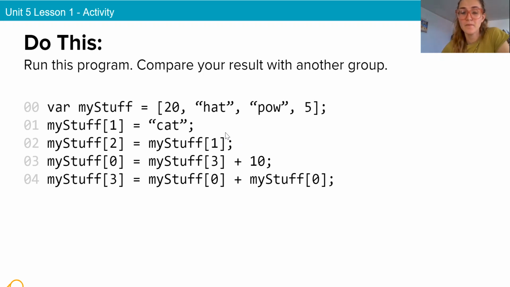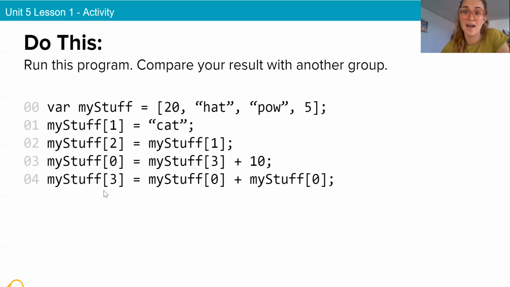Okay? And now myStuff[0]. myStuff[0] becomes myStuff[3] plus 10. Well, myStuff[3] is 5. So 5 plus 10 is 15. So now I'm going to assign the value, the element at index 0 of the myStuff list, to be 15. And then finally, myStuff[3] is equal to myStuff[0] plus myStuff[0]. Well, myStuff[0] is equal to 15. 15 plus 15 is equal to 30.